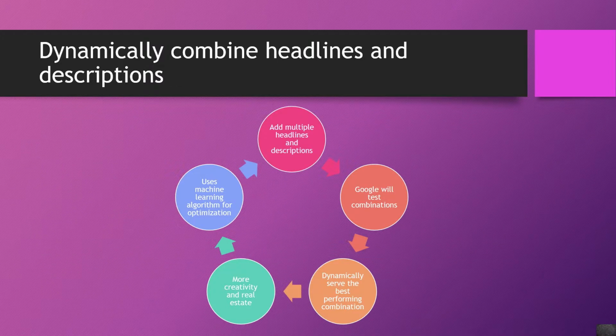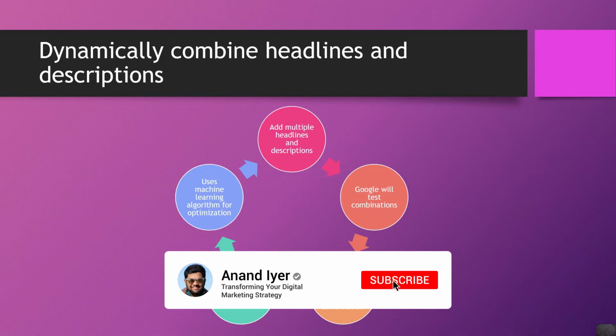So in terms of how exactly this will work, Google will dynamically combine headlines and descriptions. When you add multiple headlines and descriptions, Google will actually test different combinations, and basically it will serve the best performing combination in real time.